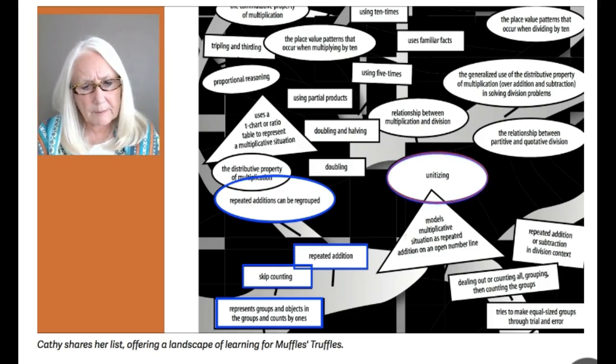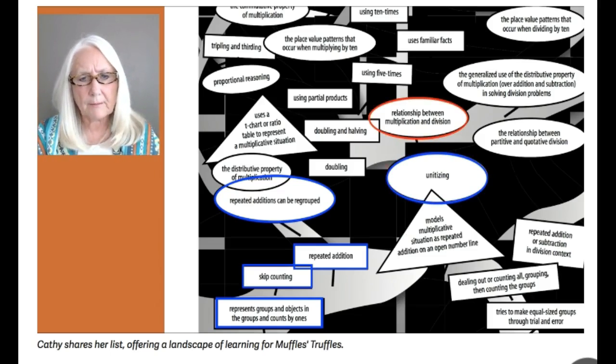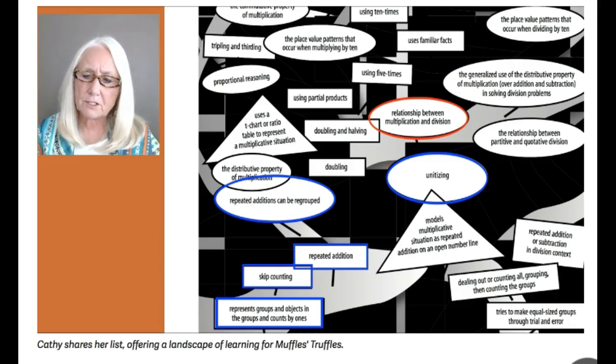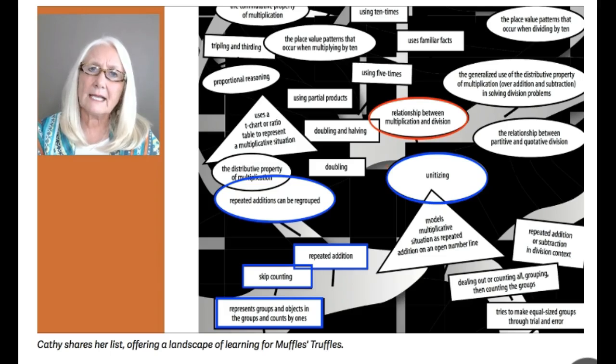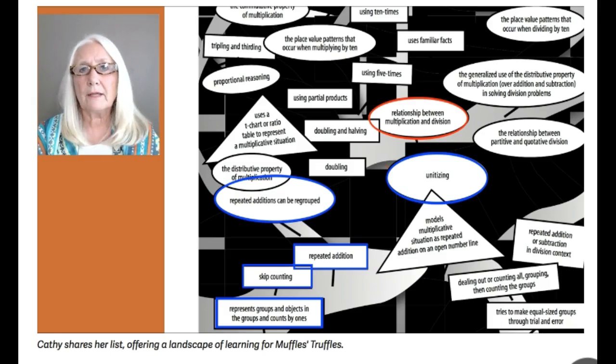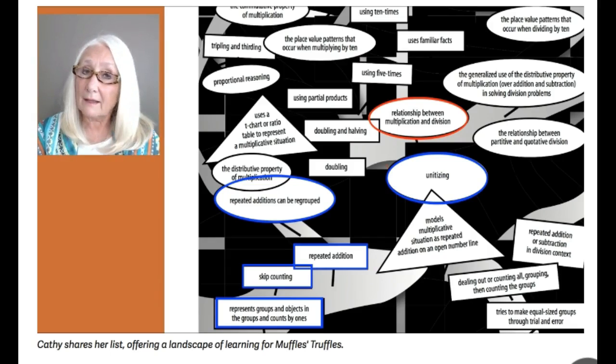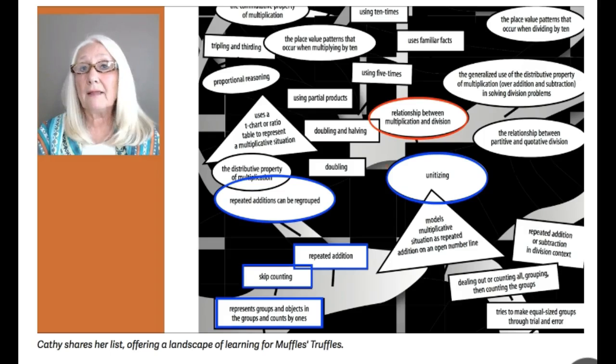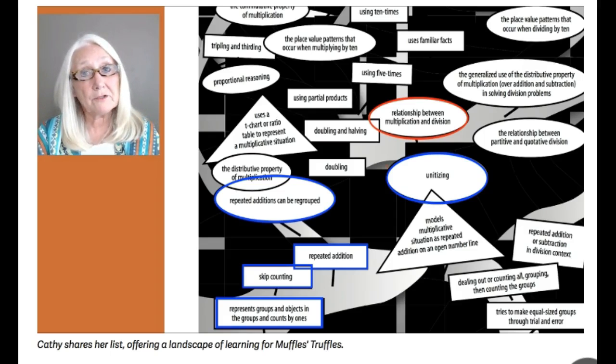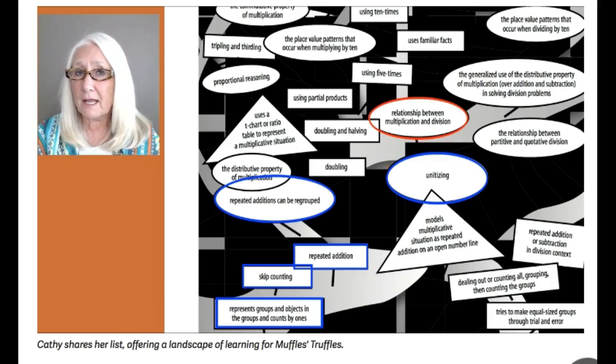But to deeply understand the relationship between multiplication and division, children have to invent the idea that all of these groups within the whole add up to the whole. And therefore, if you know the size of the group and you want to find out how many groups fit, then skip counting by the number in the group may be a strategy they try for early division as well.